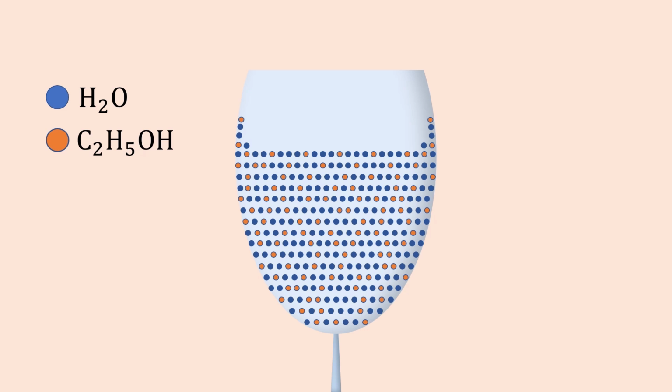However, alcohol is a more volatile liquid compared to water. Alcohol molecules from the thin wine layer on the glass walls evaporate more readily than water molecules, leading to a decrease in alcohol concentration in that liquid layer, allowing water molecules to take over.